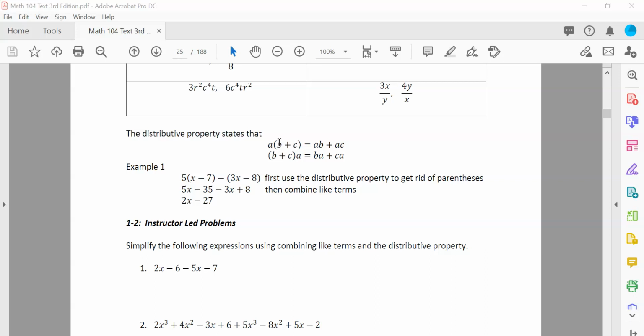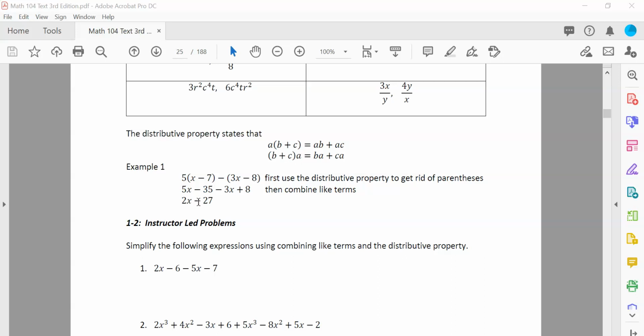So the a can be multiplied times the b, the a can be multiplied times the c, and if I take a times b plus a times c, I'm going to get the same thing as if I took a times, in parentheses, b plus c. And you can use the distributive property whether the a is on the left-hand side of the parentheses or the right-hand side.